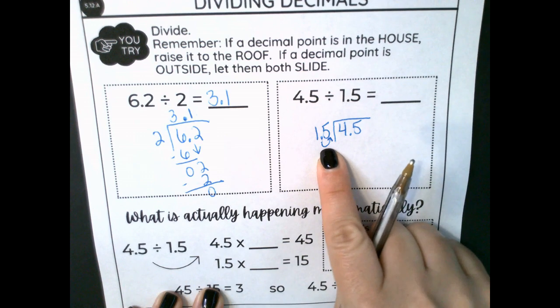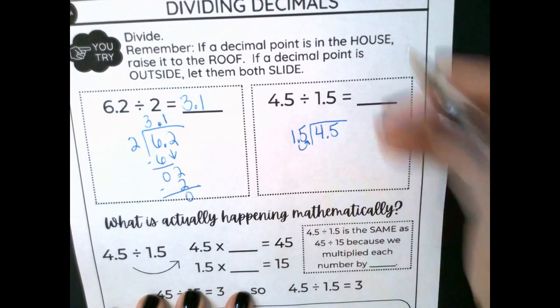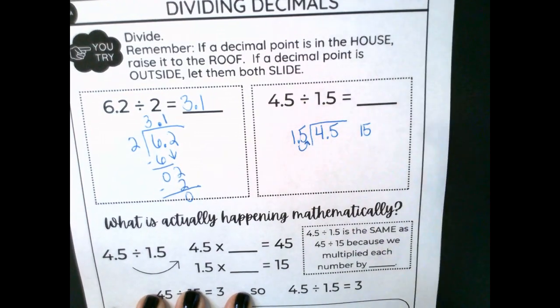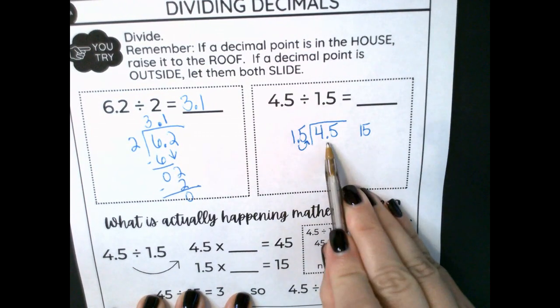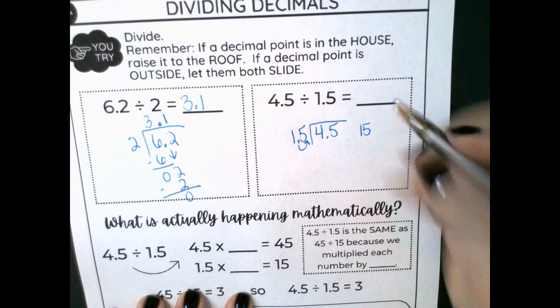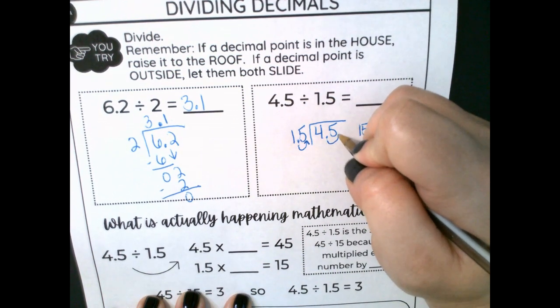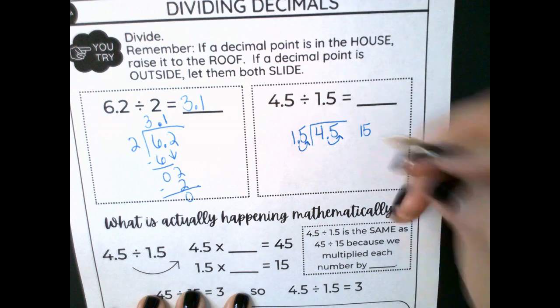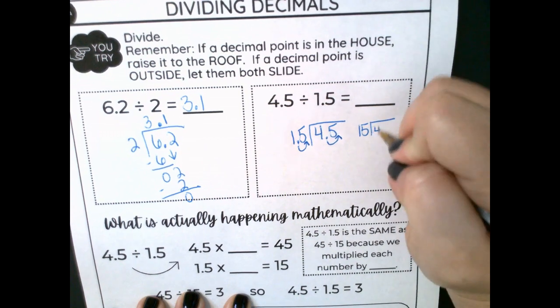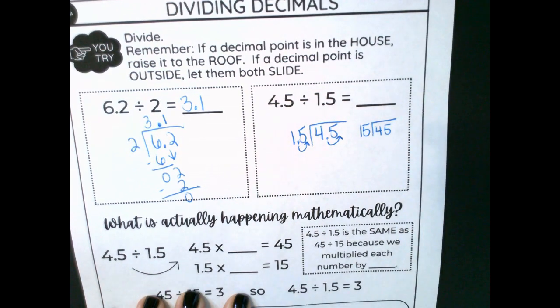We slid the decimal point one time, and now our divisor is 15. But we also have to slide the decimal point in the dividend one time, so our dividend is 45.